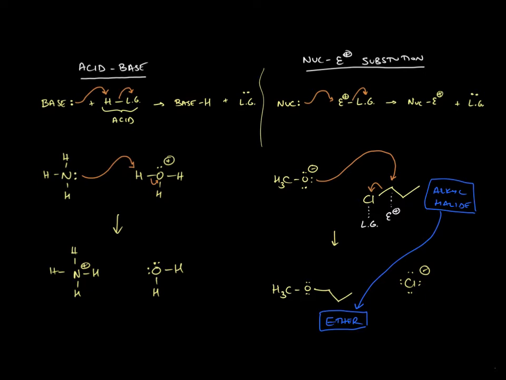For us, we're doing this on a very, very small scale. We're still starting with a pail of possible starting materials that we can buy from a chemical company, and we can build things that have never been made before. But in order to do that, we need to understand what reactions we can do. So we can start with an alkyl halide and turn that into an ether. That is one of the tools in our toolkit.